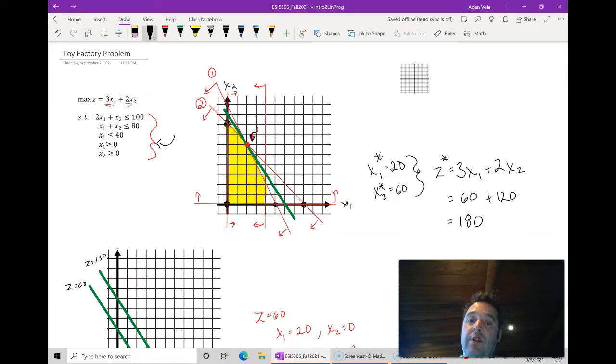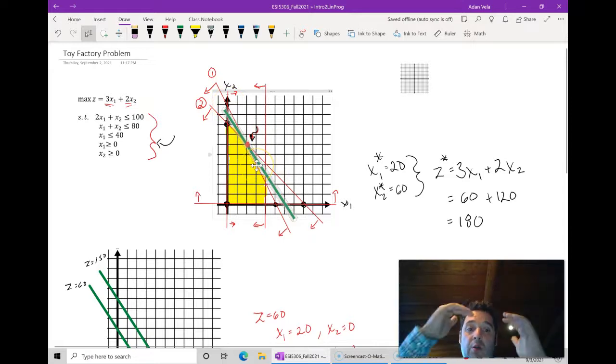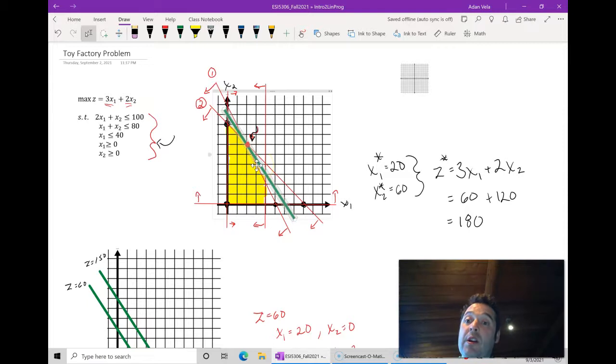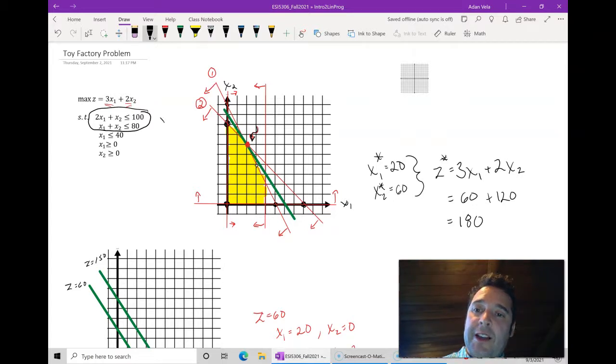Okay? And so from the graph, we can see that lines 1 and 2 are what's holding back our isoline from moving up further. So here we would say constraints 1 and 2 are active, while constraints 3, 4, and 5 are inactive.